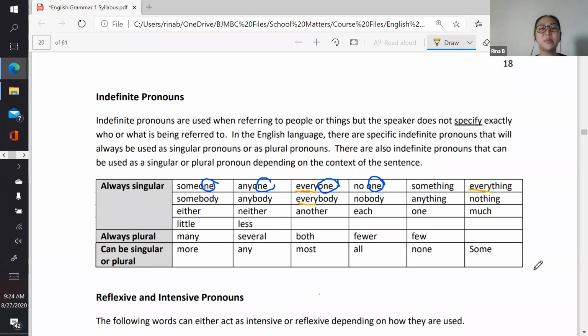So it's never going to be anything are. It's going to be anything is. Another is, never another are. When we say several, it's always going to be are, several are. Never several is. But for the indefinite pronouns that can be either singular or plural, you have to know the context.